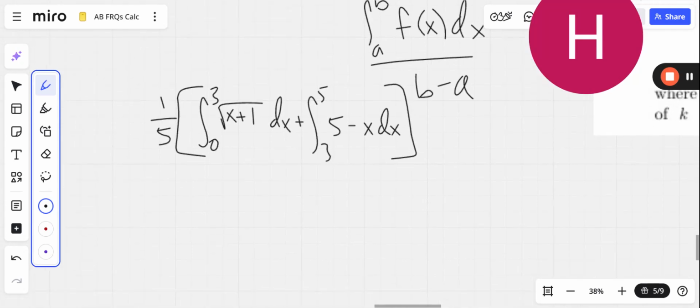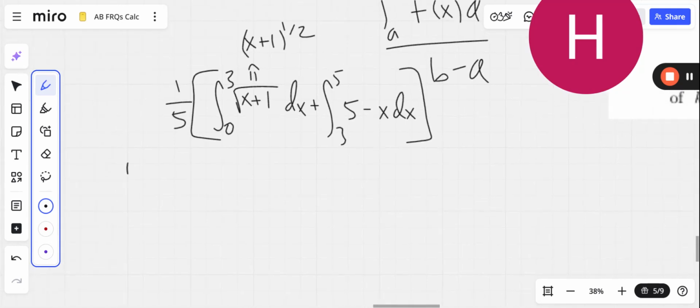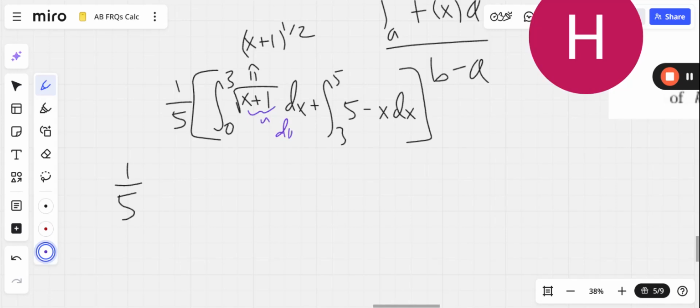This is the same thing as like a 1/2 power, right? This is x plus 1 to the 1/2 power. And it doesn't really require a u sub necessarily. You can just raise the power and divide by the new power. Because the du would not be anything interesting. If we did this as a u sub, du would just be dx. So it doesn't do much.